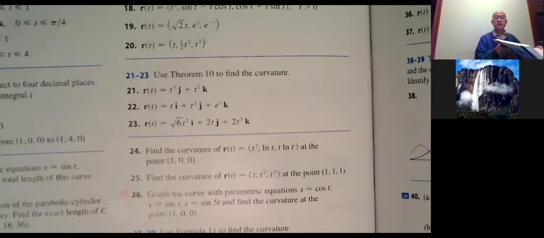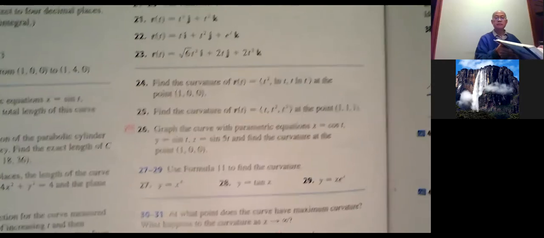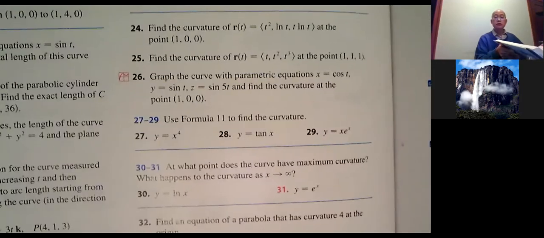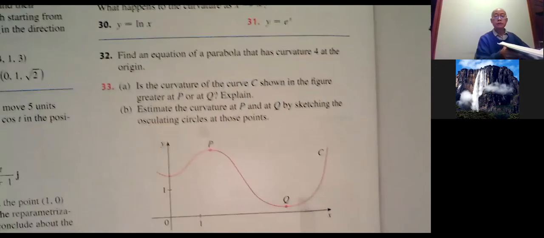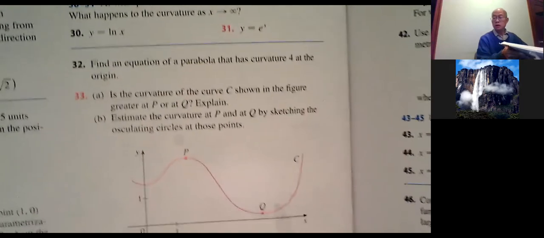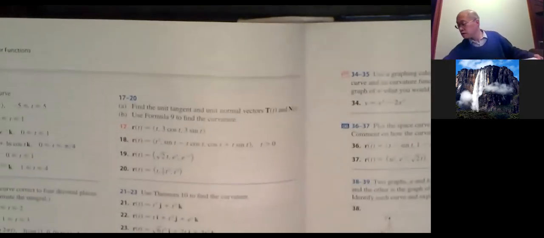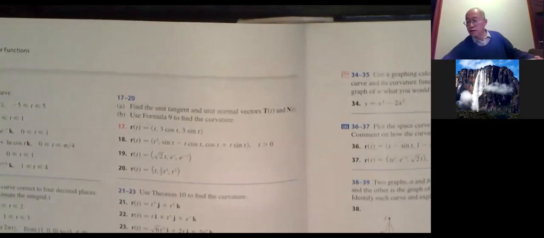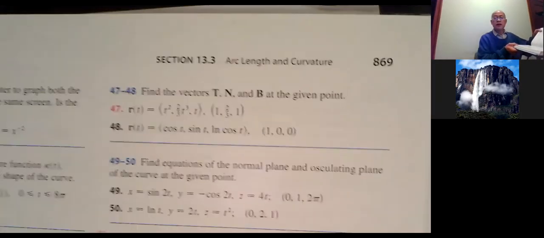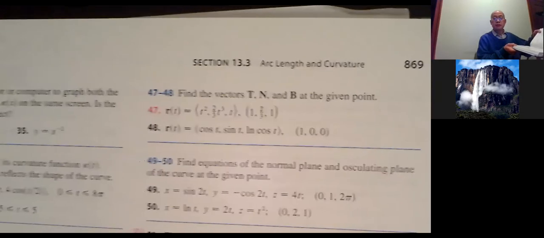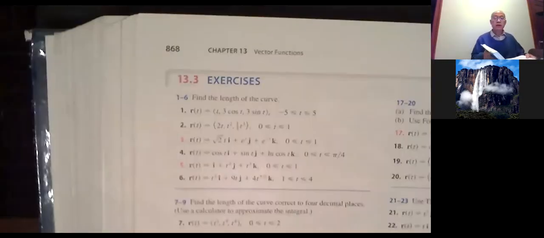Use theorem 10 to find the curvature, so use the formula they gave us. 27 and 29 are plane curves, so use the formula for a plane curve. 47 was the highest number, and there's only one problem. Find T, N, and B.